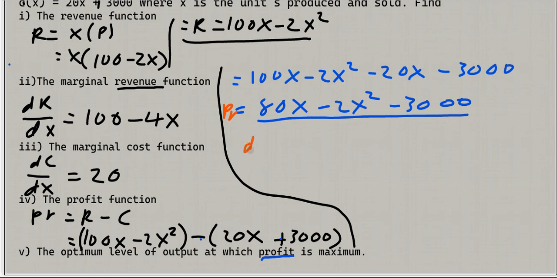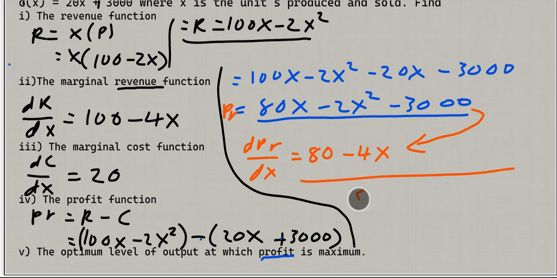So now dπ by dx, differentiating, would be 80 minus 4x. So when you differentiate this function, you get this. The next thing is to equate this function to 0. So 80 minus 4x is equals to 0.